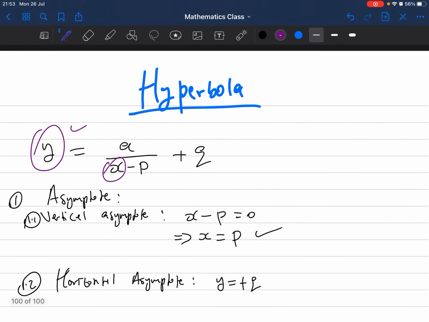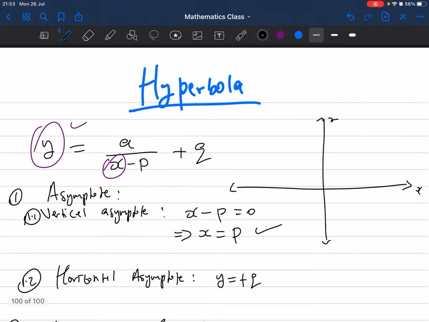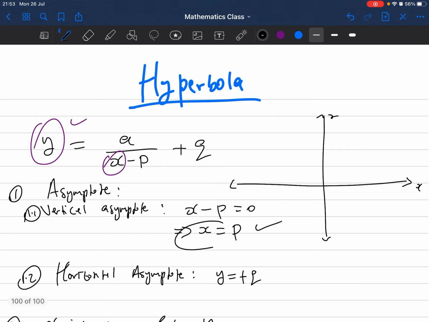Okay? So the picture of a hyperbola will look like this. Say this is your x-axis and your y-axis. Now, I said you have a vertical asymptote. A vertical asymptote will be something like this, right?